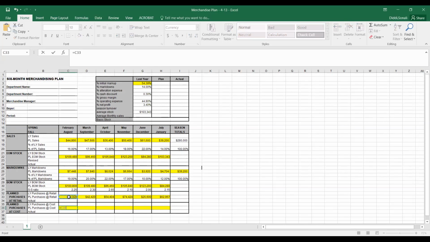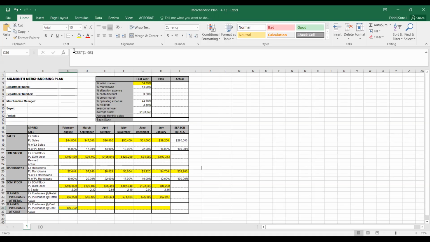I'm going to do planned purchases at retail times 1 minus the percentage. Oops, I forgot to put the multiplication sign.